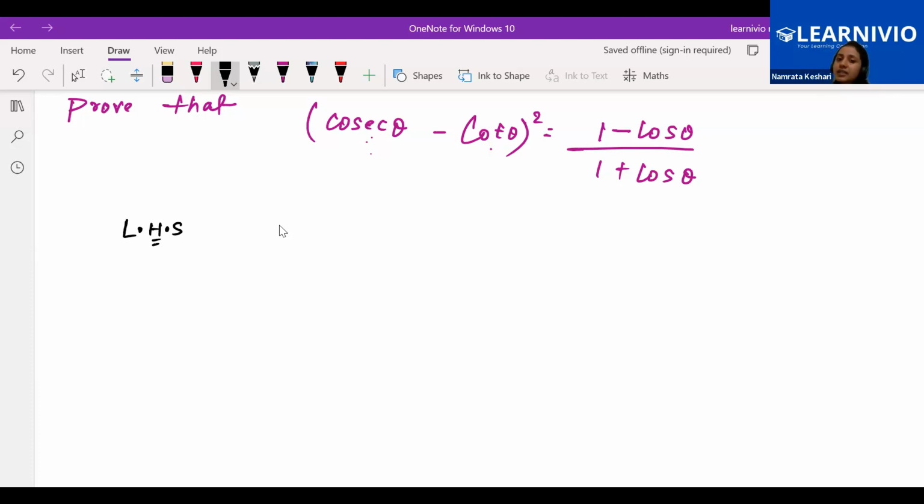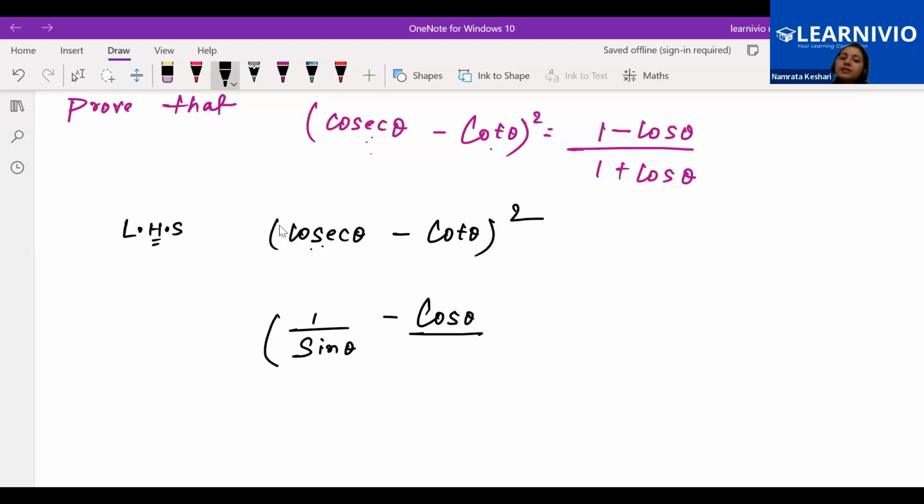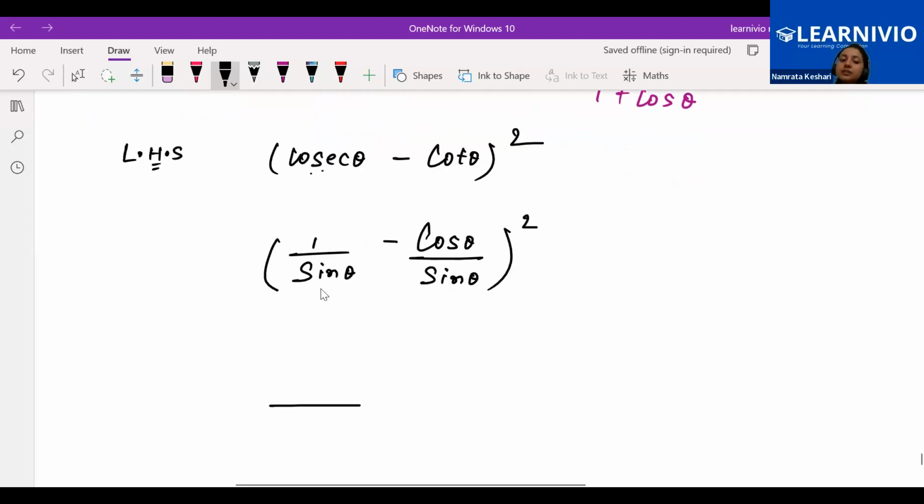Whenever you are seeing any question, you don't know anything about it, you will be writing 1 by sine at the place of cosec, and cos by sine at the place of cot. Then you should take the LCM and try doing the simplification.